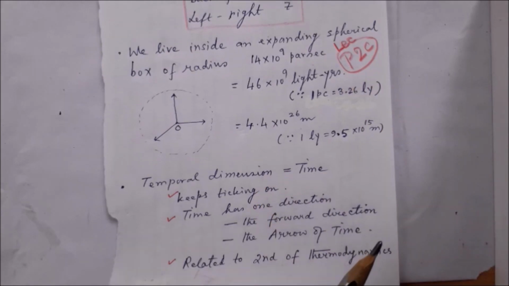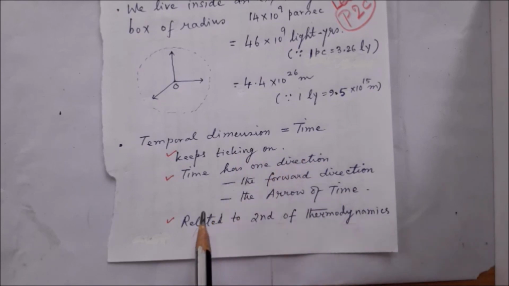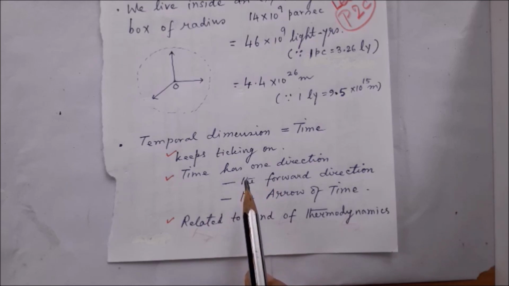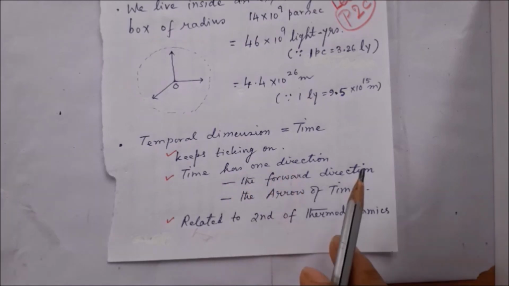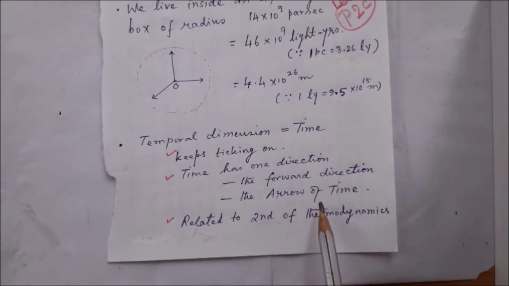A few words next about the time dimension. We know that time and tide wait for none. So the time ticks, it waits for none. Time moves forward, it knows only one direction, the forward direction, which is called the time arrow.